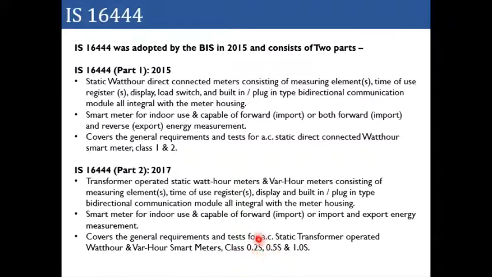So 0.2S means the accuracy is high even for low measurement quantity. So for that you need 0.2S, which ensures that you will get this level of accuracy even when the measurement quantity is very small compared with the overall measurement span.